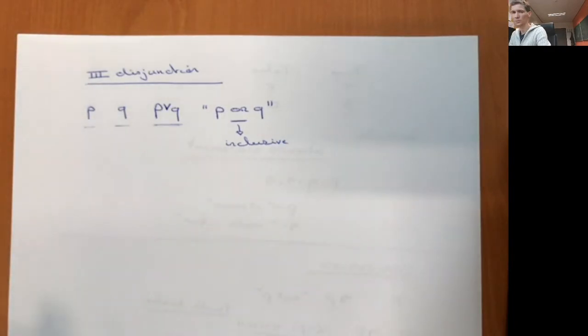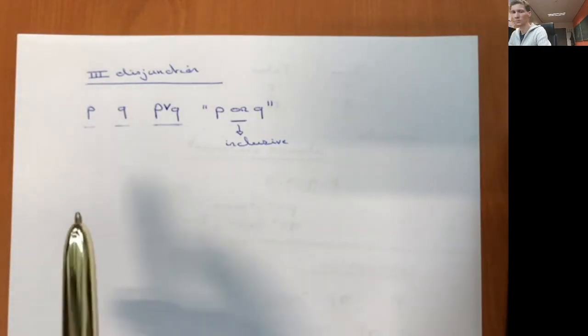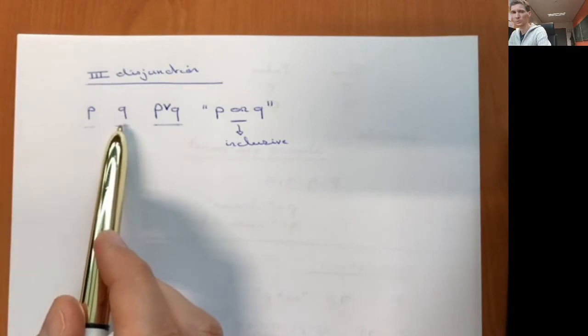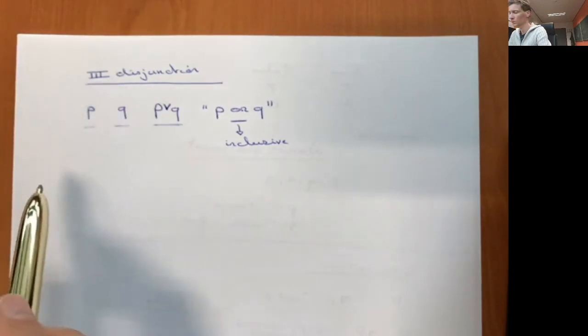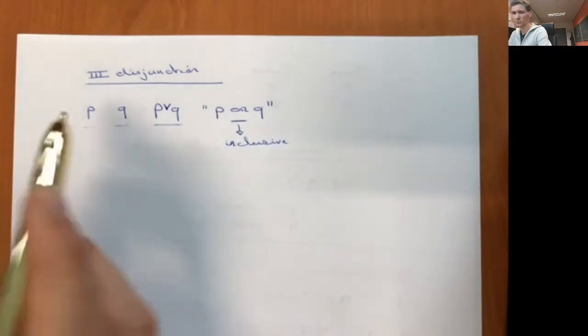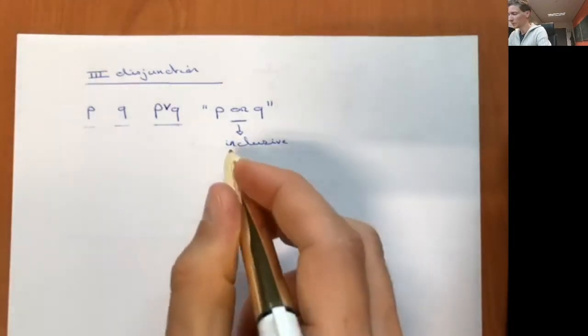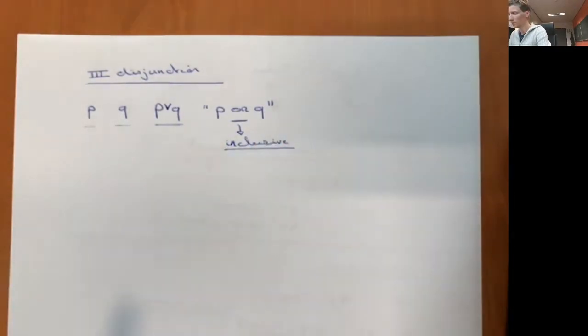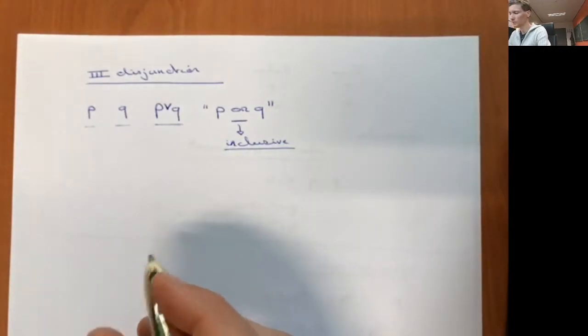This is the opposite of an exclusive OR. In an exclusive OR, either P is true or Q is true, but they are not both true. With an inclusive OR, it might be the case that both are true. Right, this is also valid. So when we pronounce OR in mathematics, we always mean an inclusive OR.